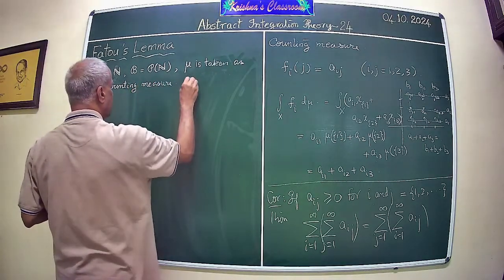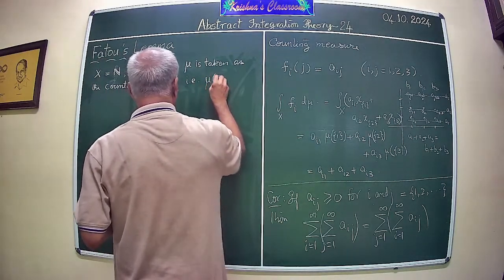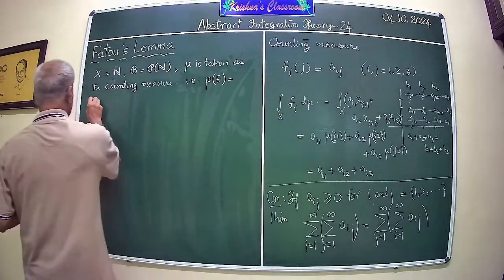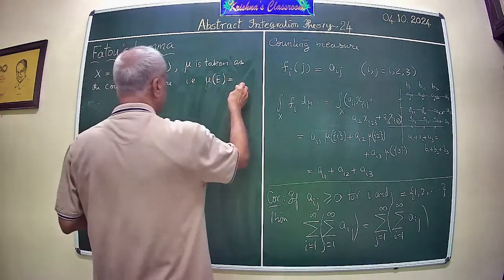That is, mu of E equals the number of elements, the cardinality.